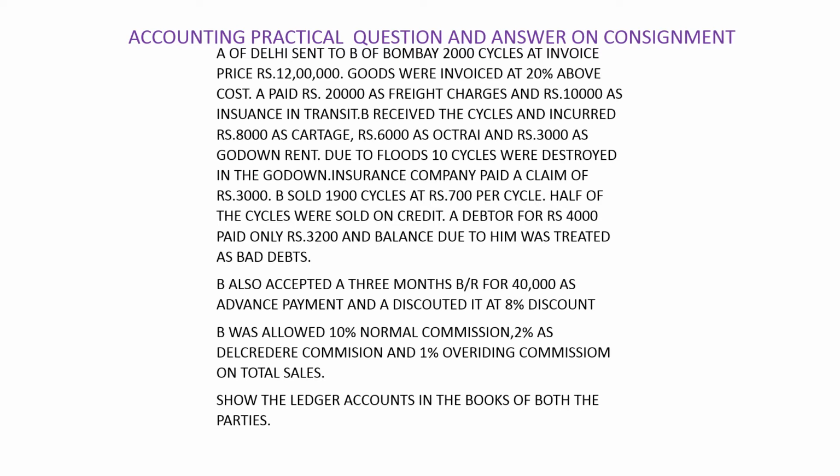B also accepted a 3-month BR for rupees 40,000 as advance payment and A discounted it at 8% discount. B was allowed 10% normal commission, 2% del credere commission and 1% overriding commission on total sales. Show the ledger accounts in the books of both the parties.